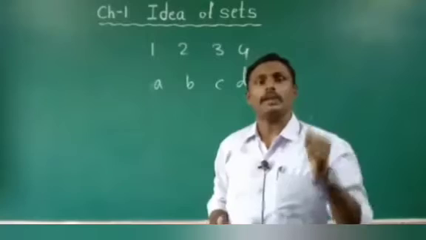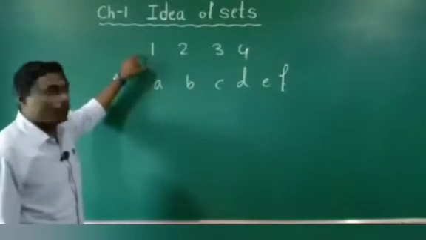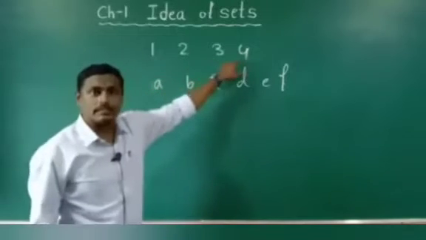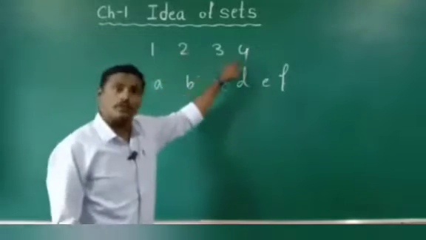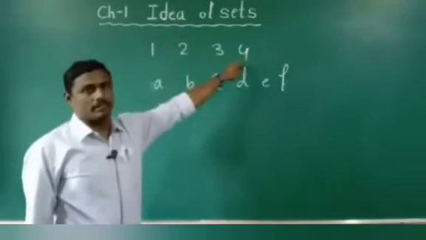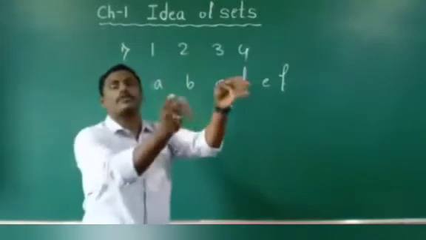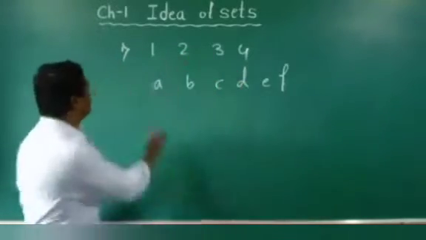What is the meaning of well defined? Here when you are observing these numbers 1, 2, 3, 4, you can easily say that this is a group of numbers. For example, example 1 is a group or collection of numbers.